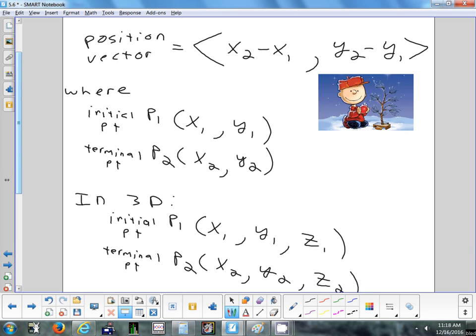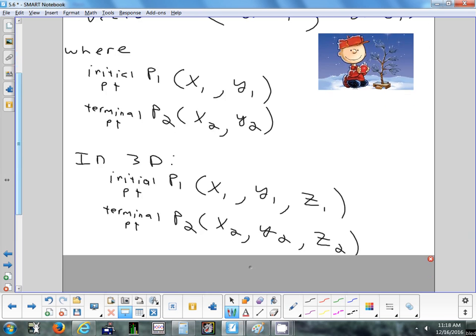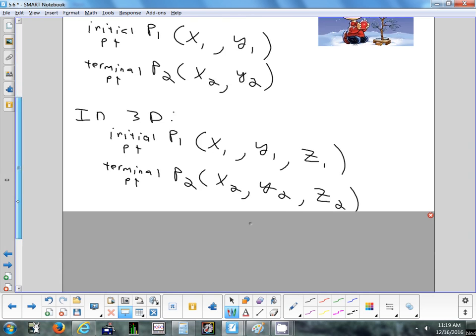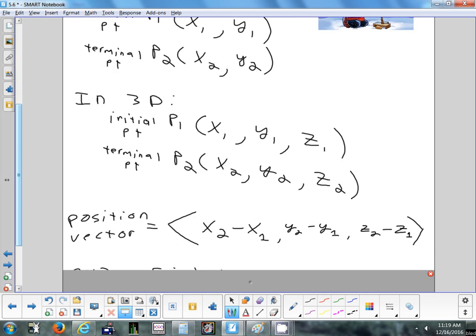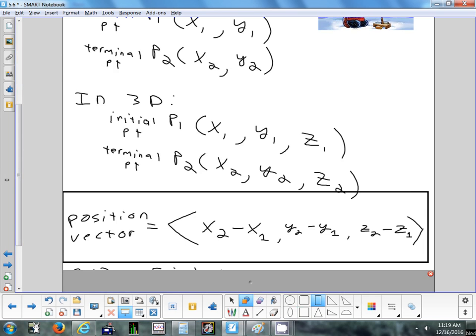Terminal minus initial. So in 3D, I've written down my initial point, x1, y1, z1, and terminal point, x2, y2, z2. And there's your position vector in 3D. So that's important.